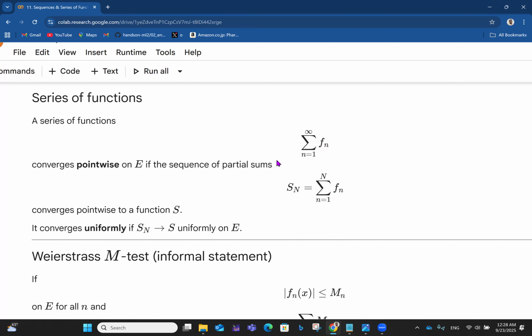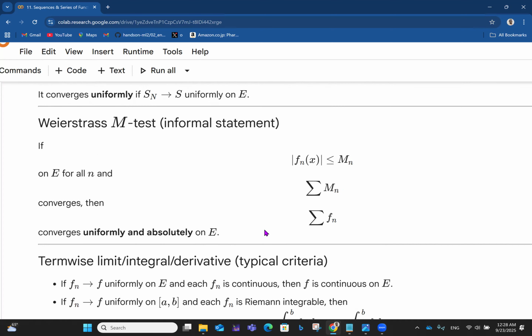So if Sn converges pointwise to a function S, we say it converges pointwise on E. It converges uniformly if Sn approaches S uniformly on E. So that's pointwise and uniform convergence.